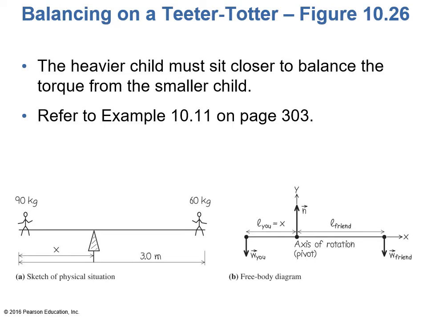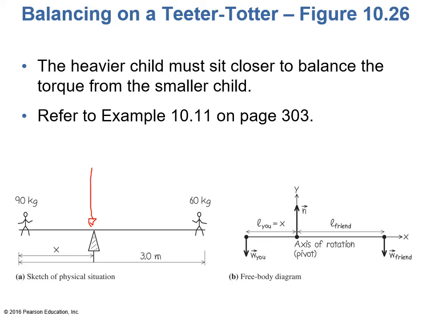A nice simple example of applying an equilibrium condition, a sum of torques equal to zero, would be the example here of a seesaw. You have two people, one with a mass of 90 kilograms, the other with a mass of 60 kilograms, sitting on opposite sides of a seesaw with a central pivot point given here.